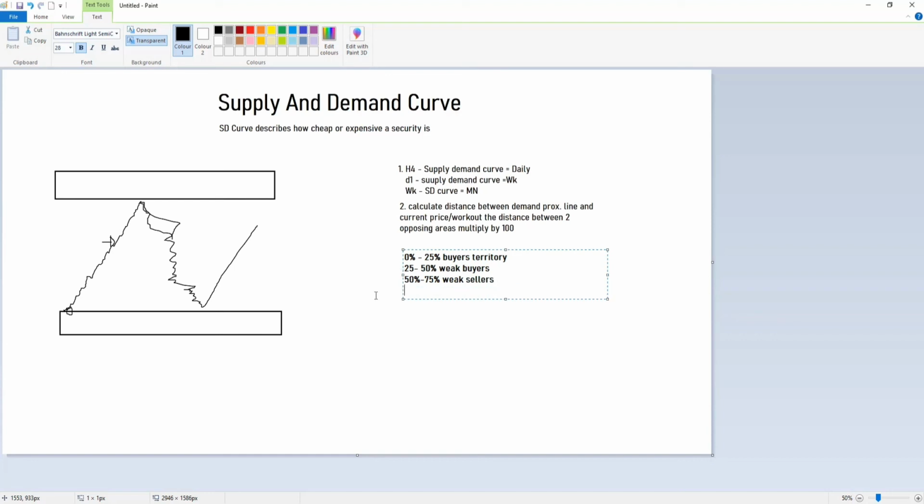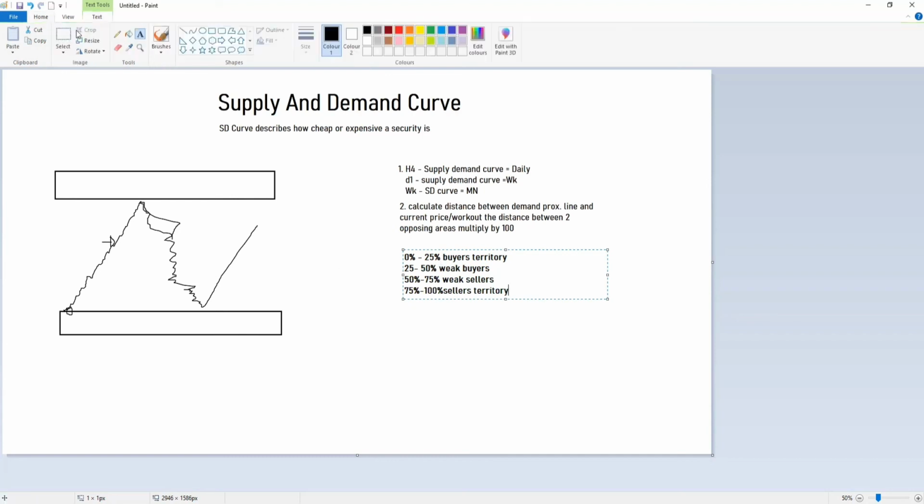And then from your 75 to 100, that's your strong sellers, or sellers territory. So like I said, you don't want to be buying in a seller's territory, and you don't want to be selling in a buyer's territory.